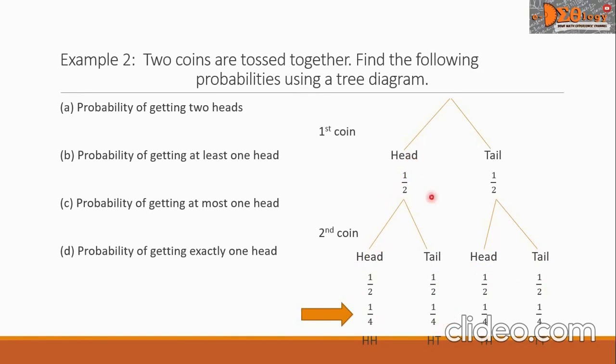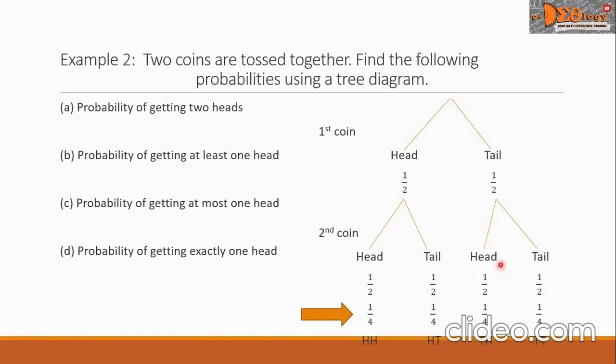Now, here, when the first coin is head and the second coin is tail, the probability will be 1/2 times 1/2, and the answer is 1/4.